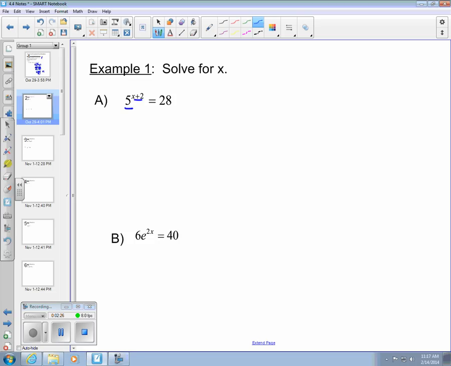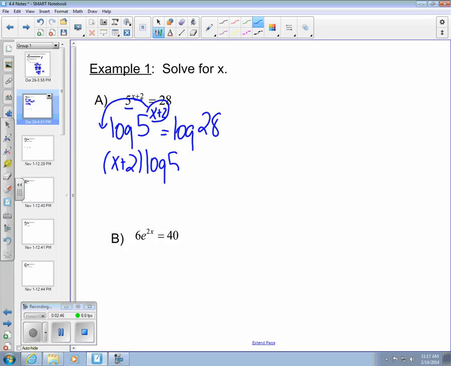So the next thing we'll do is take the log of both sides. So we have log base 10 of 5 to the x plus 2 is equal to log base 10 of 28. Next we'll use our power property. Bring this x plus 2 out in front. So we have x plus 2 times log base 10 of 5 is equal to log base 10 of 28.